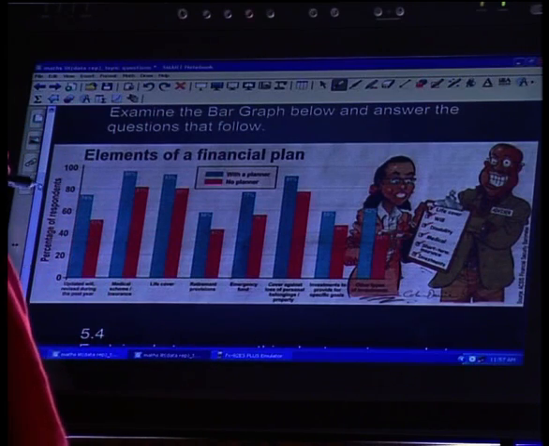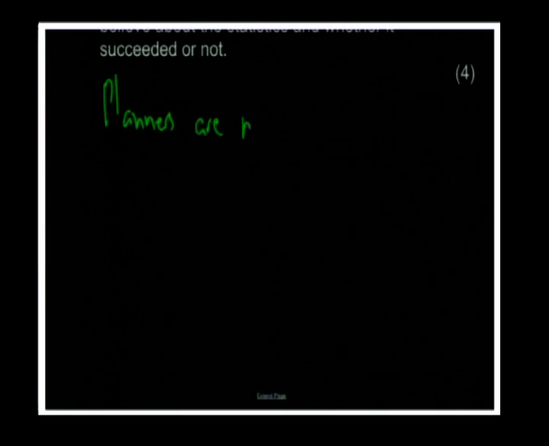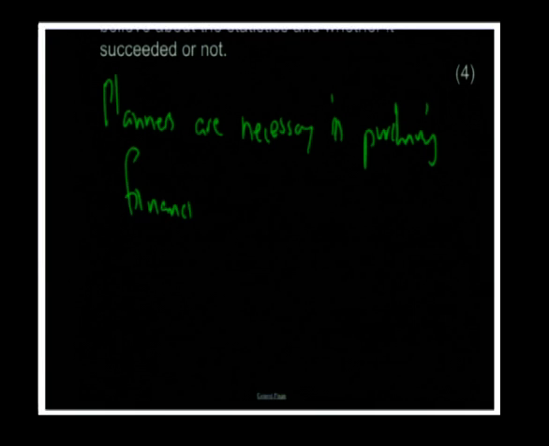So a possible suggestion for the answer to this question is that the chart wants us to believe that planners are necessary in purchasing financial products.